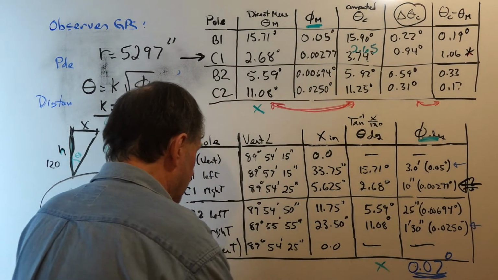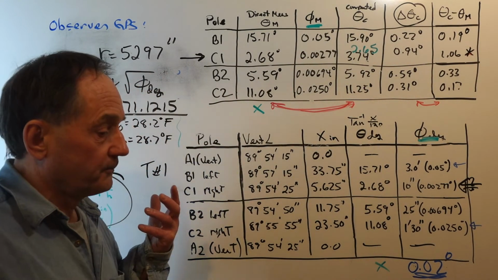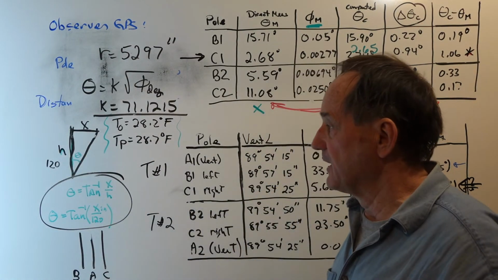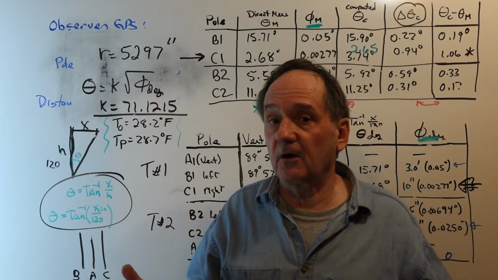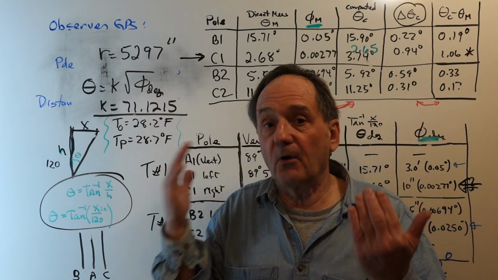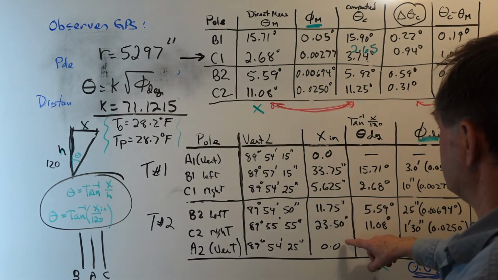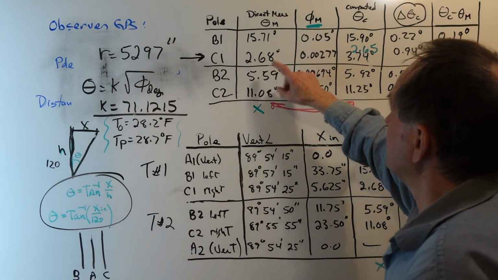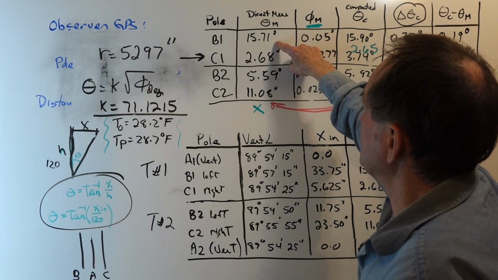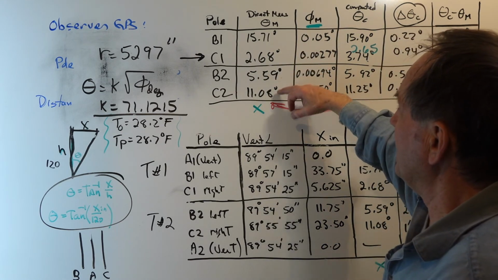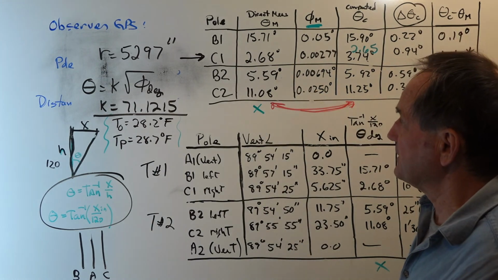But anyway, what this goes to show is, if you look carefully at my videos, you're going to find it's very difficult to tell which of the poles is tilted. We had 4 different tilts. We had a tilt at almost 16 degrees, around 3 degrees, around 5.5 degrees, and 11 degrees.